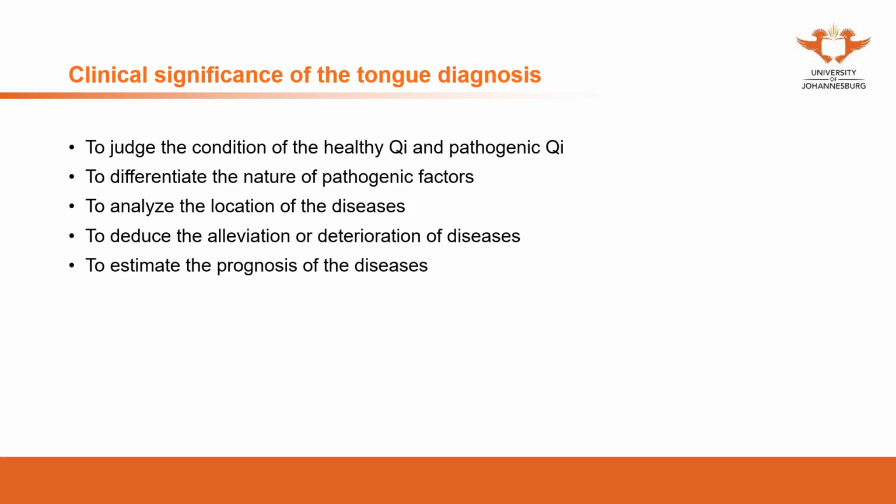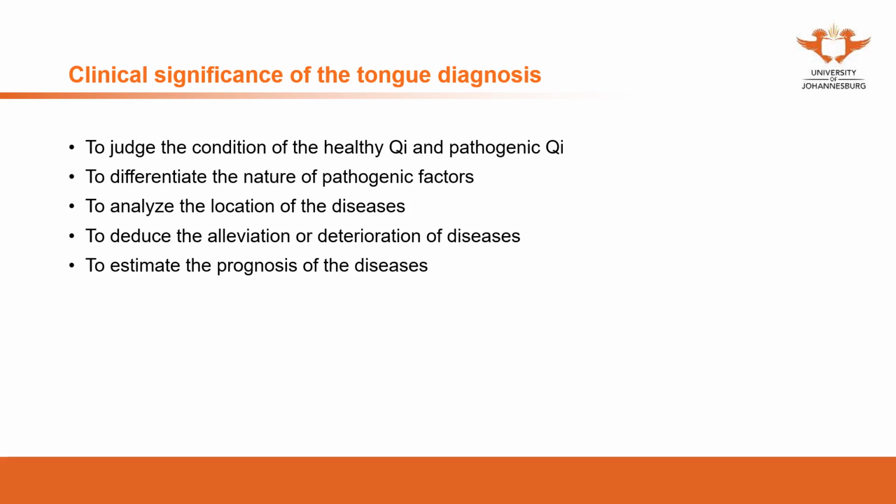So that's the information from tongue inspection and why we need to study it. It can help us to identify the condition of the healthy qi and the pathogenic qi. It also can help us to differentiate the nature of the pathogens, such as the yellow coating or pale tongue.